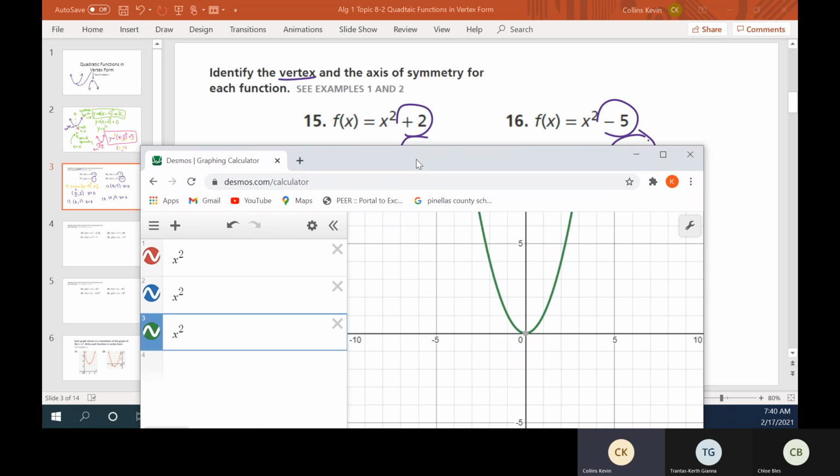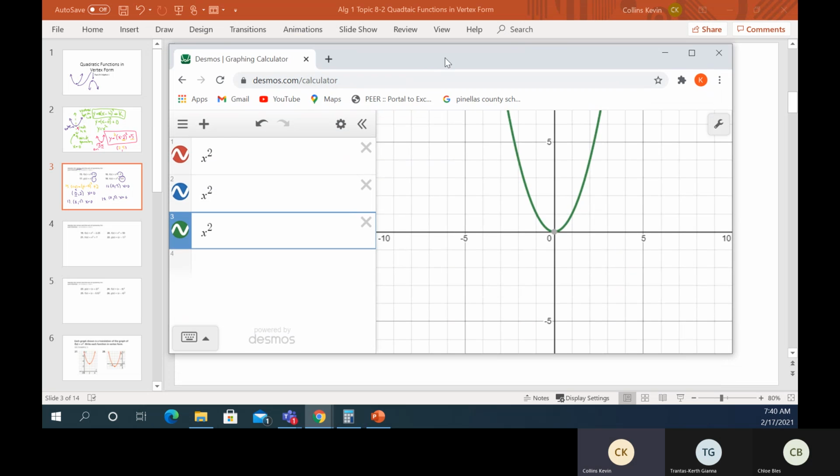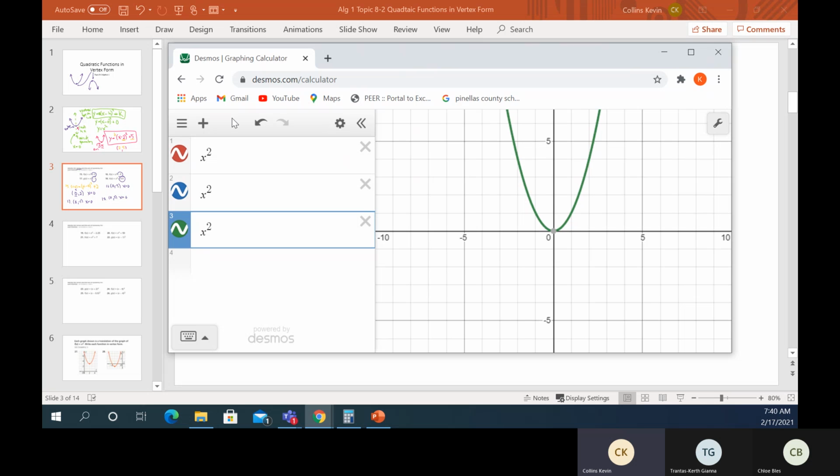So the first one was x squared plus 2. Remember when we talked about functions before, if you just tack a number on, like plus 2, your graph is going to move straight up 2 units, right? So we go plus 2, there it is. The next one was minus 5, wasn't it? That means it's going to move down 5 units.